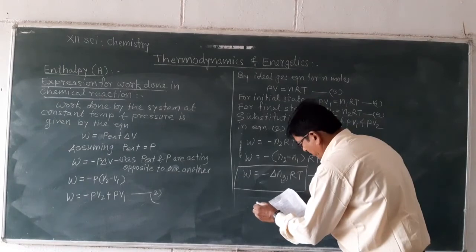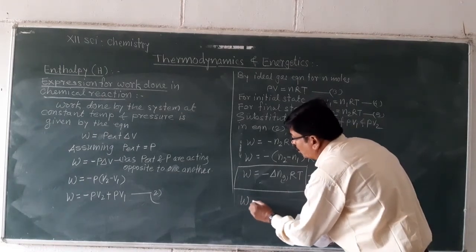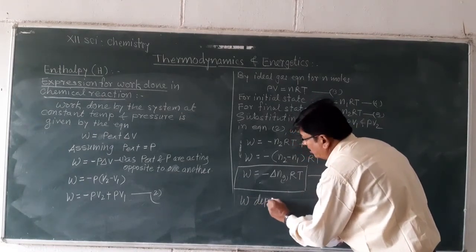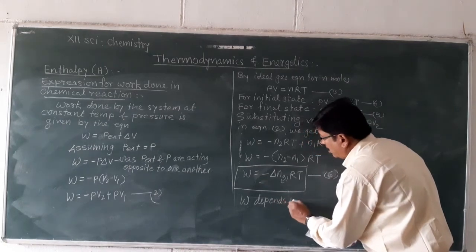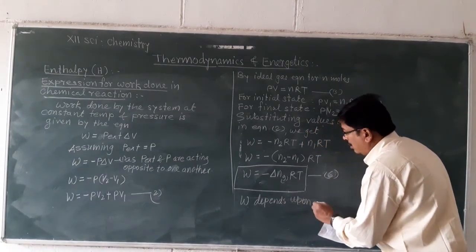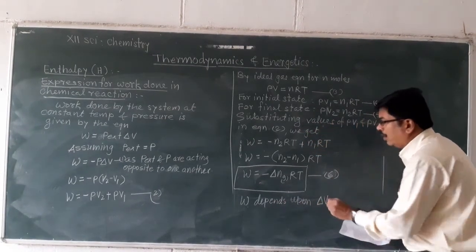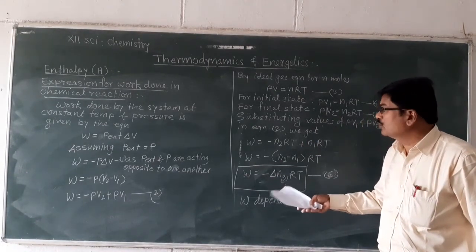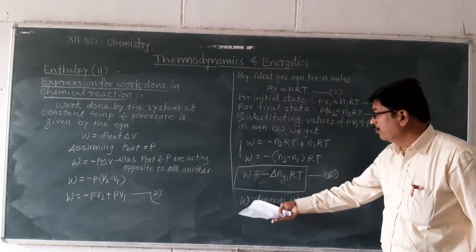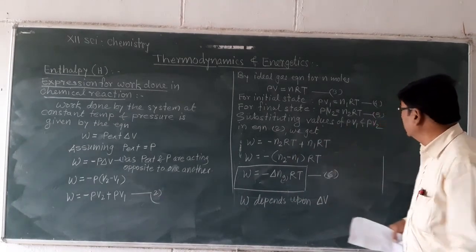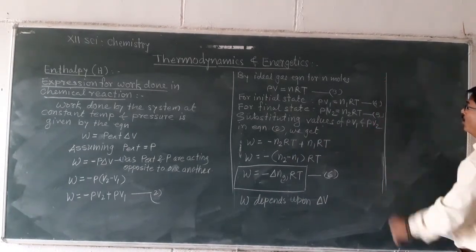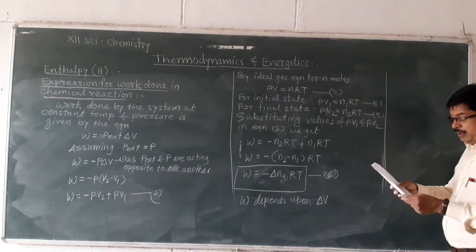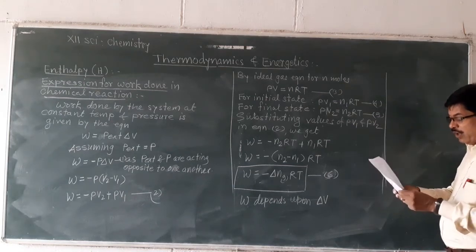Here W depends upon the change in volume. Although change in volume is not seen in the equation, actually W depends upon delta V. Now three important pieces of information we have to note.